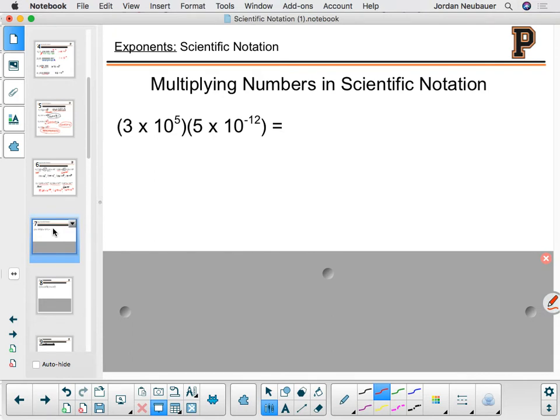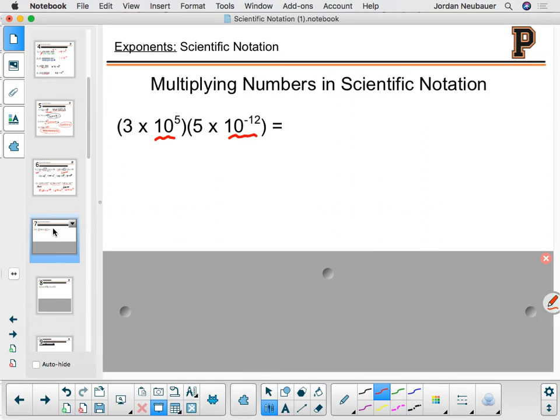We can also perform some different operations, okay, with numbers in scientific notation, and this actually plays into what we've been talking about in math pretty directly. If you guys remember, we talked about multiplying powers with the same base in lesson 2. Well, here we've got two powers that have the same base, and notice how we also have a whole bunch of multiplication happening here.